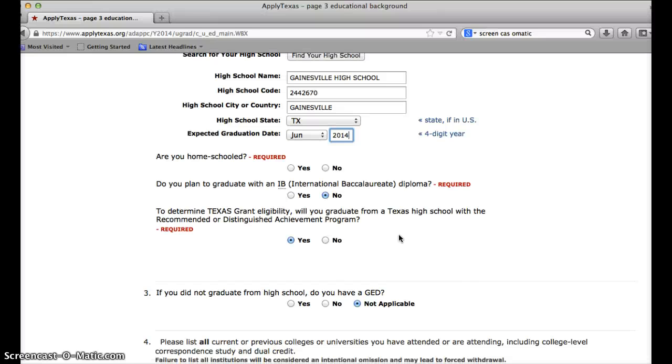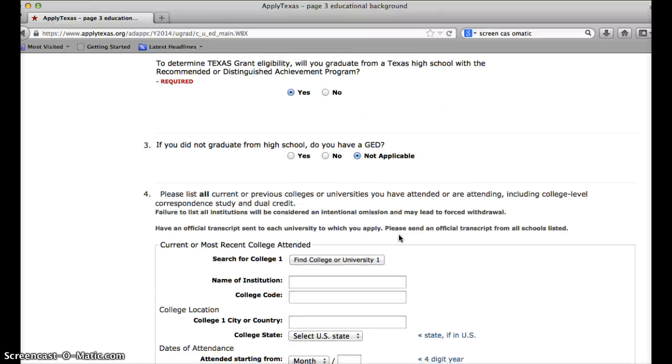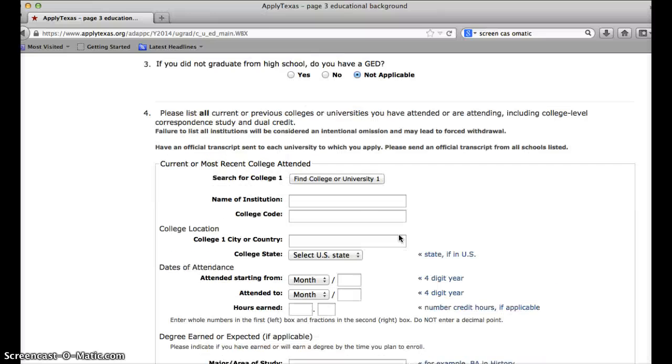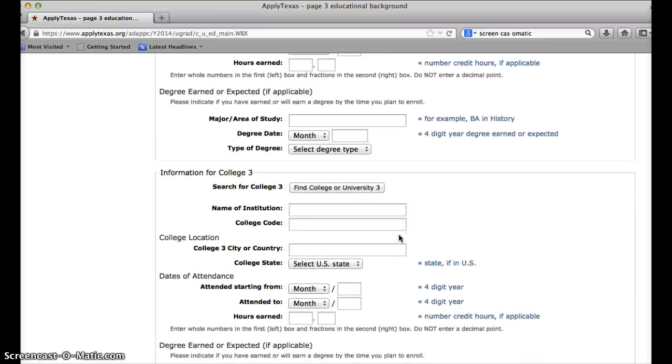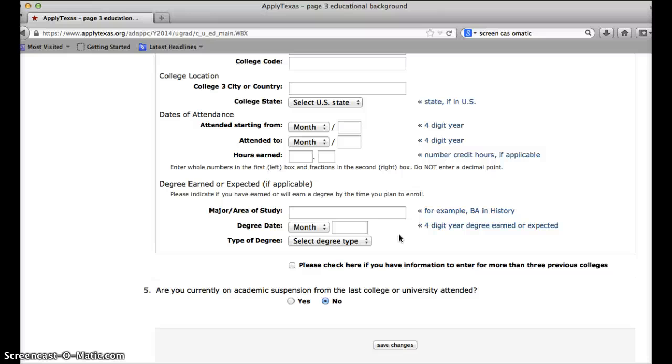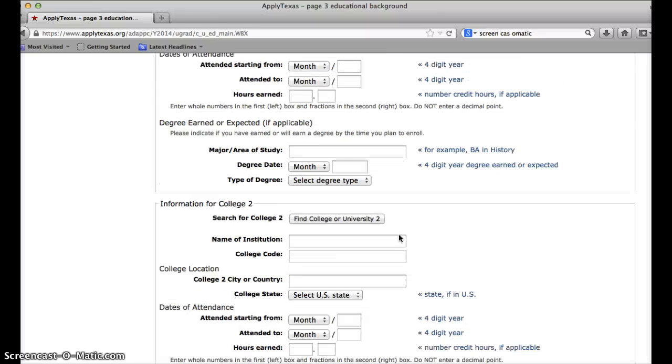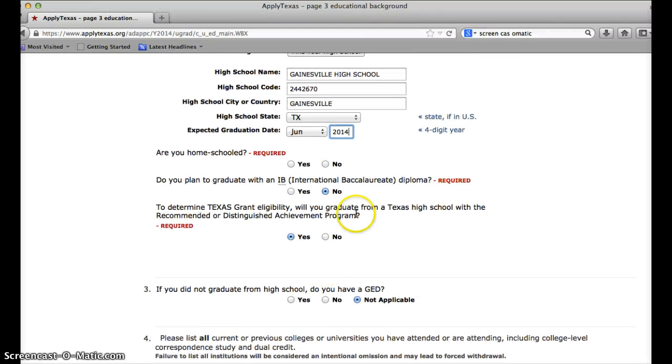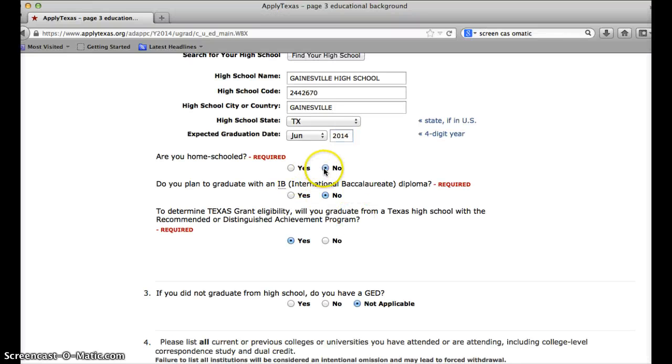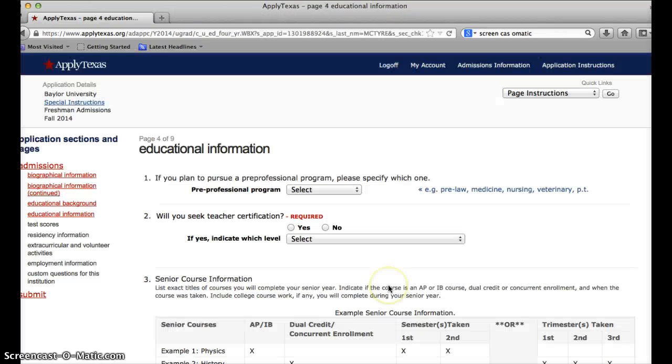And so I am just demonstrating most of the errors that students tend to receive when they are filling out this form. They think if the question is not applicable to them that they do not have to answer it. So where is the homeschool question? Are you homeschooled? No. So we're going to save changes.